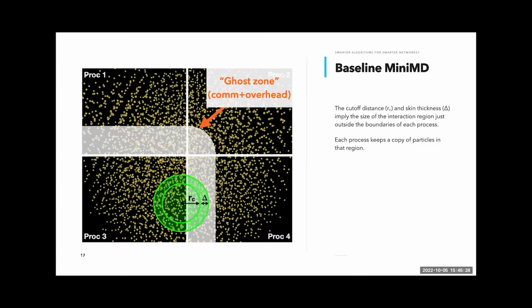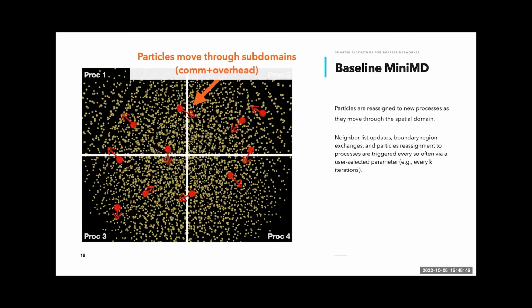Therefore, in each time step, before computing forces on particles, processes communicate the position of particles in the ghost zone, the white highlighted area in the figure, with neighboring processes. Particles move through subdomains, for example from process 1 to process 2 or vice versa in this figure. So the algorithm reassigns the particles to their new processes as they move through the spatial domain.